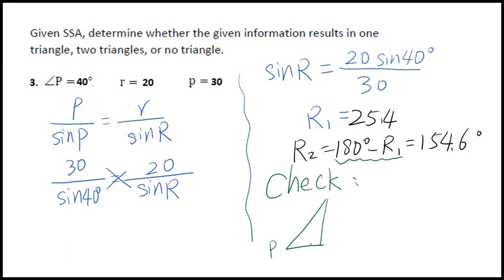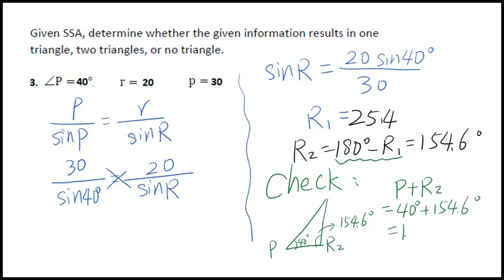Let's label this P, here's R2. Then this angle is 40 degrees. This angle we are checking is 154.6 degrees. So this angle P plus R2 equals 40 degrees plus 154.6 degrees.